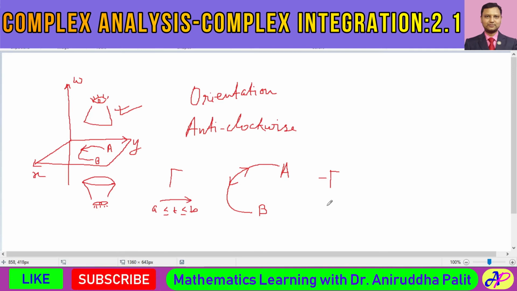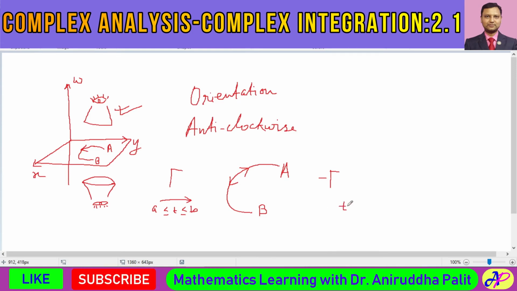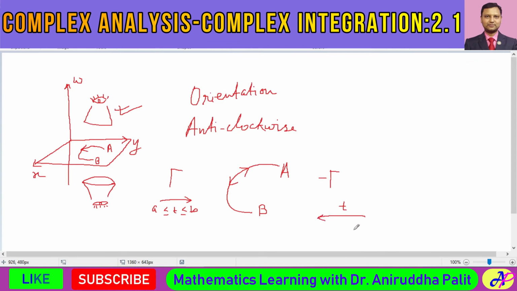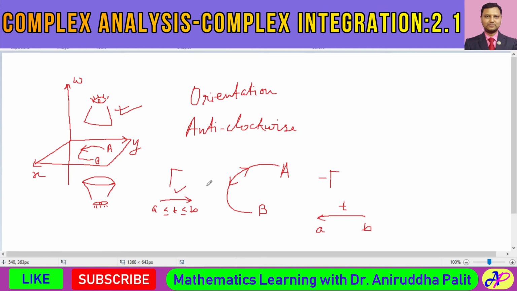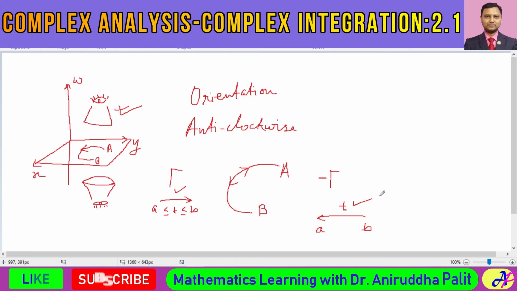In case of minus gamma, t will decrease from B to A. That would be the direction of the parameter t. In case of a positively oriented curve, t increases, and in case of a negatively oriented curve, t will decrease. So that is the idea of an oriented curve.